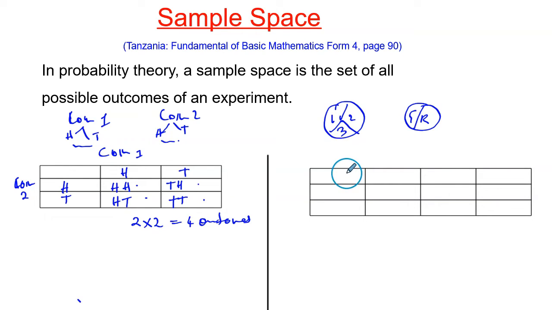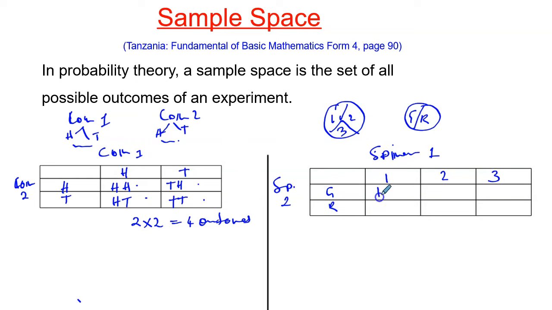A sample space basically is just a table that shows all the possible outcomes. So let's say we have spinner 1 here and spinner 2 here. The first one will have numbers 1, 2, 3, and the second spinner has a color, green or red.